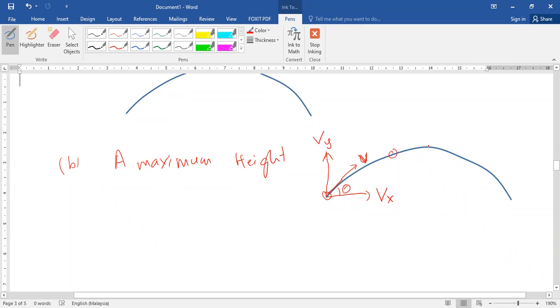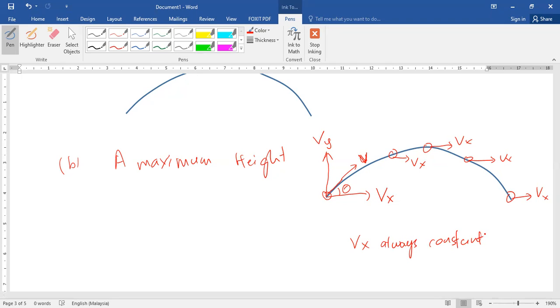In the time of flight, vx is always constant. As I just explained, the x component is always constant because there is no air resistance.